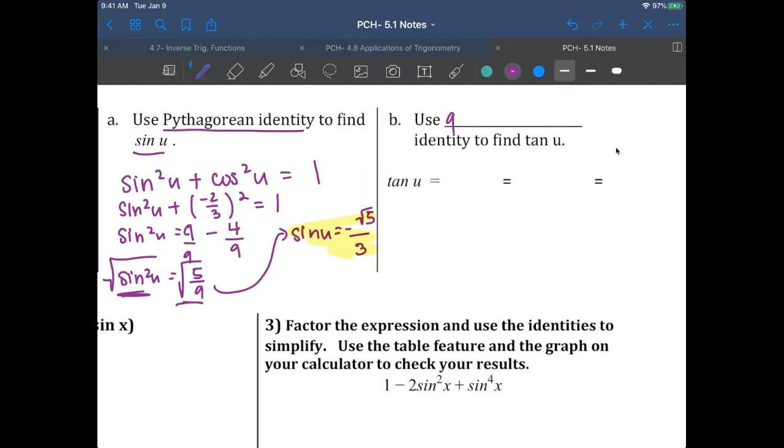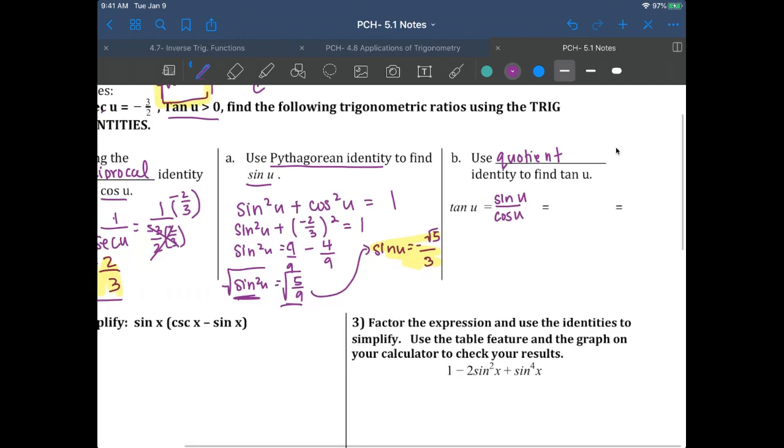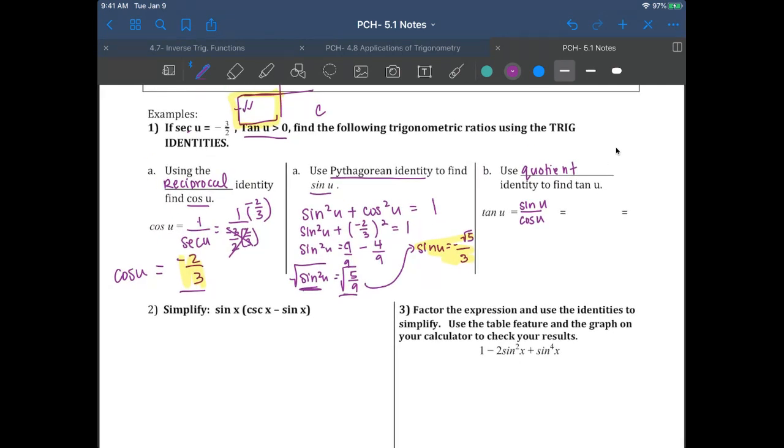Okay, finally, a review of the quotient identity. Tan u can be rewritten as, that's right, sine u over cosine u. And luckily, I figured that out in part A. So here we go. Negative square root 5 over 3, and then from the original, negative 2 over 3, multiplied by the reciprocal.